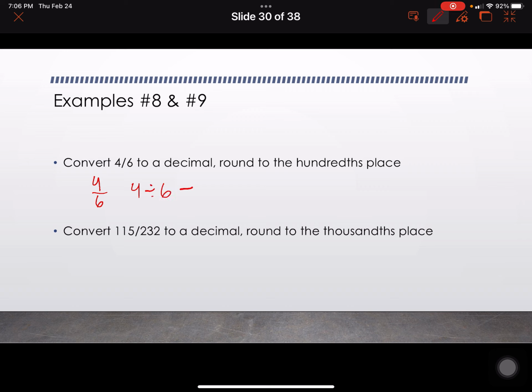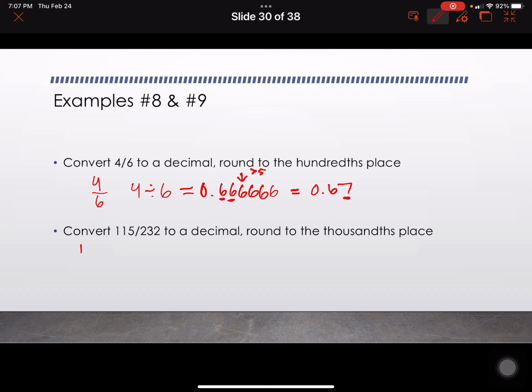So you plug that into your calculator, you get something like 0.666666667 all the way to the end. Say you have to round that to the hundredths place. We know this is the tenths place, this is the hundredths place. This number here is greater than 5, so we would end up with 0.67 rounded to the hundredths place.